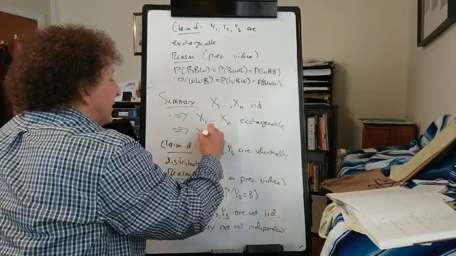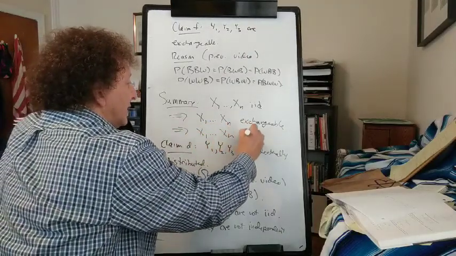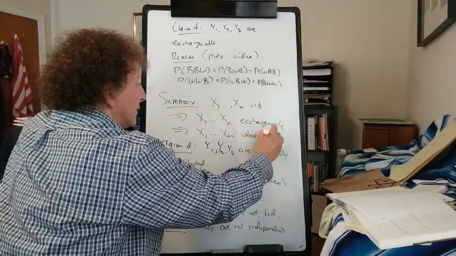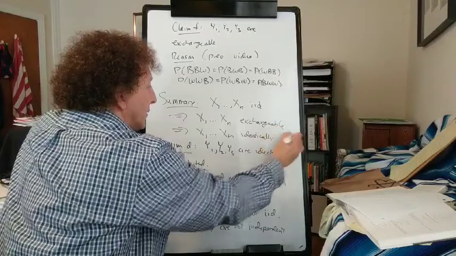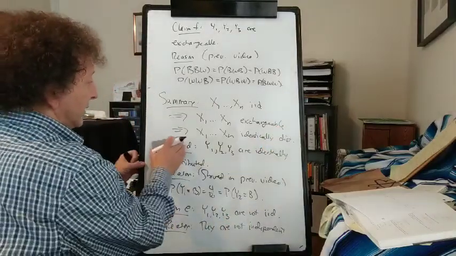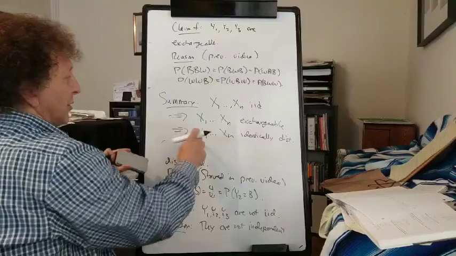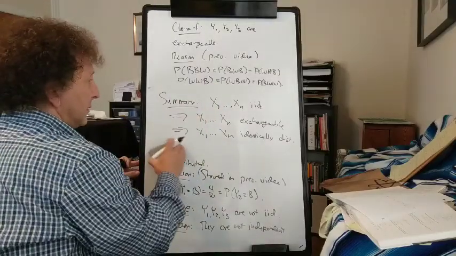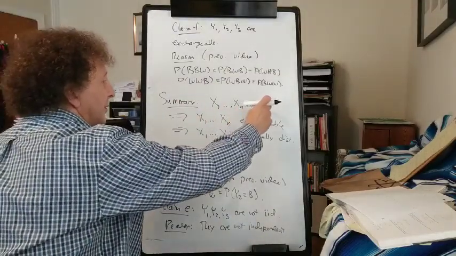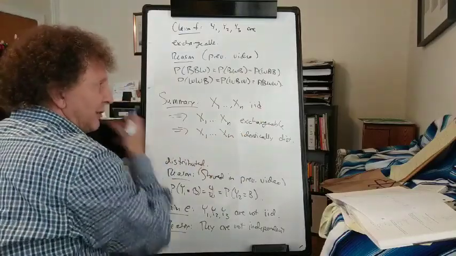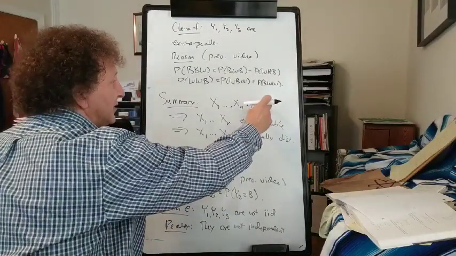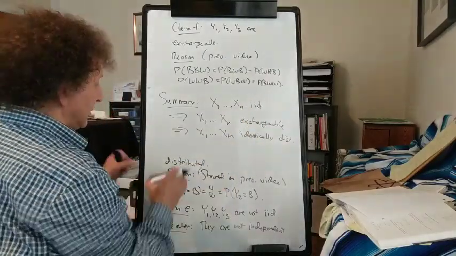And that implies that x1 through xn are identically distributed. So we really have identically distributed in all 3 of these cases. So what we can take away from this is that independence is a stronger property than exchangeability.